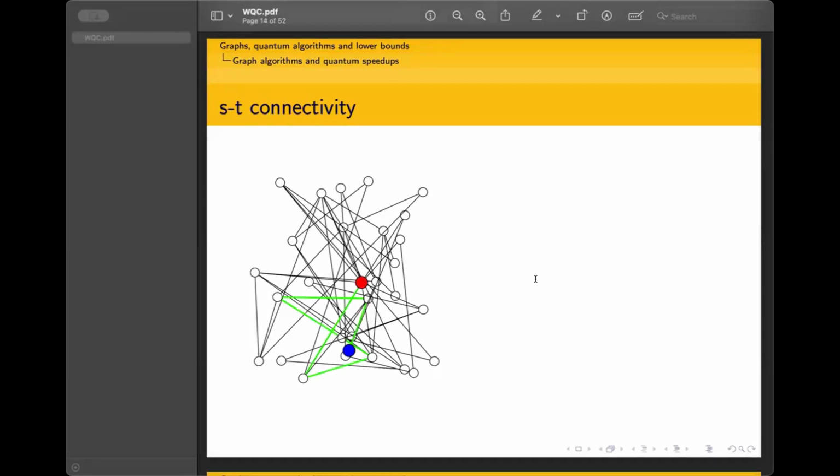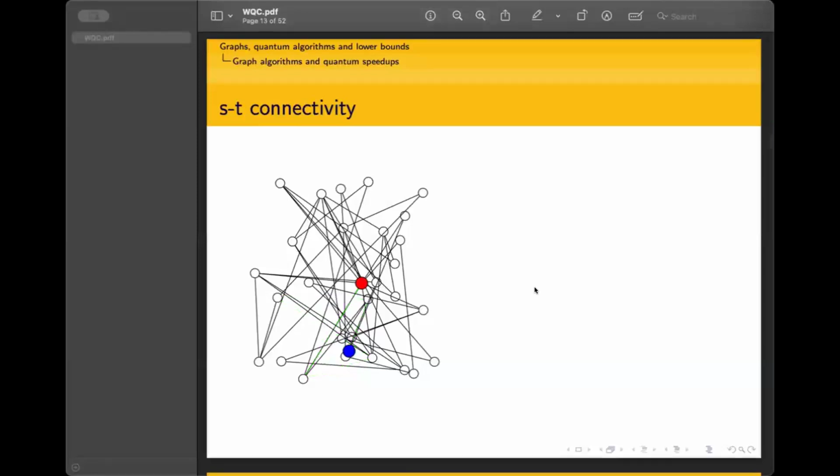But quantumly, you'd also like to show that there is a path between these two vertices. Basically, if you can find the path between two vertices, then it's like a witness to the connectivity, and then the algorithm can accept.